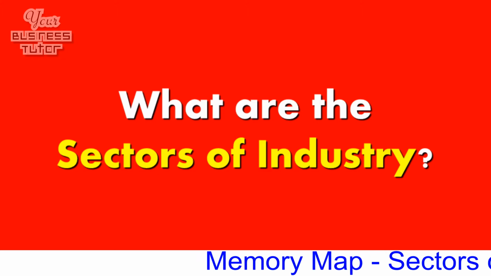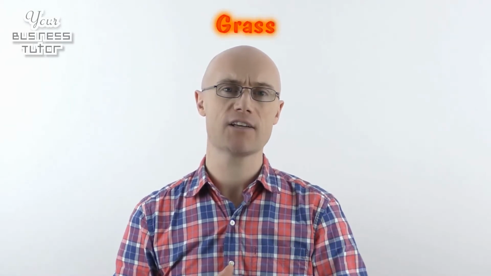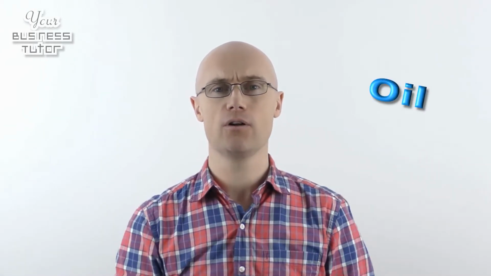So let's start with our first question, which was, what are the sectors of industry? And the first one is the primary industry. And they're involved in the collection or harvesting of natural resources. And you'll remember from our previous presentation that natural resources are things which occur on earth by themselves. So things like cows, sheep, grass, oil, coal.